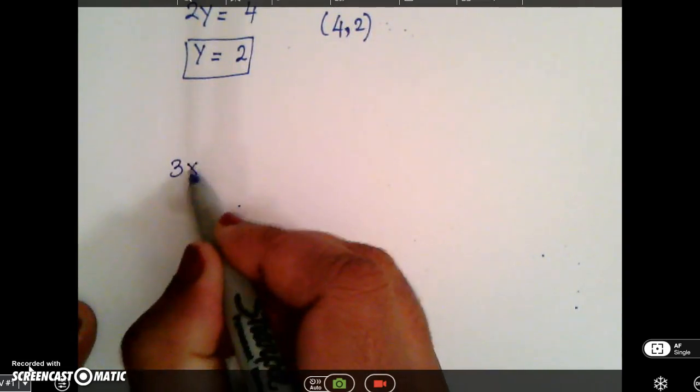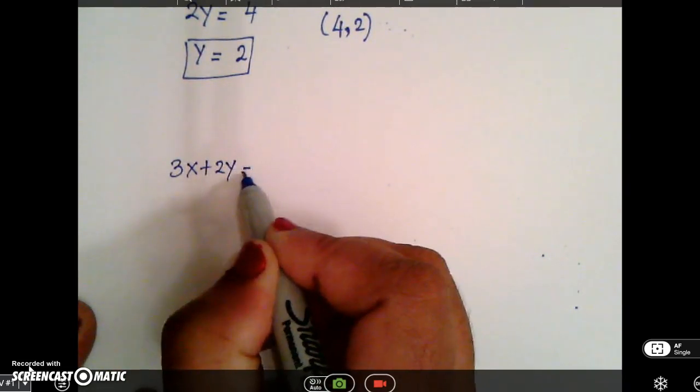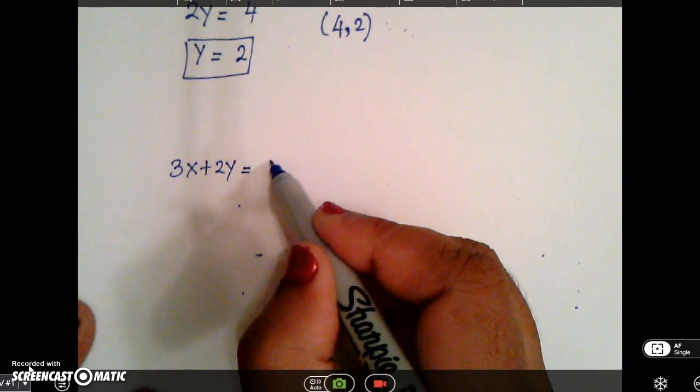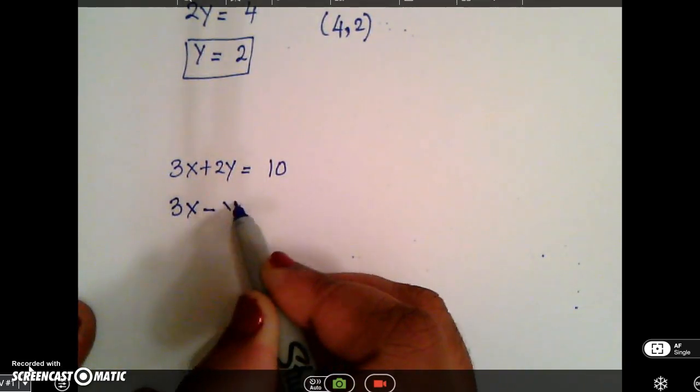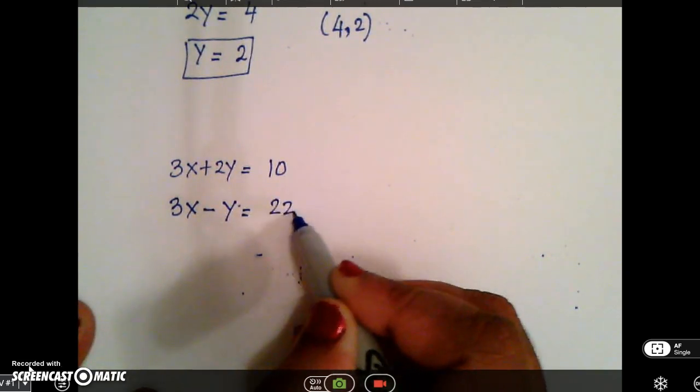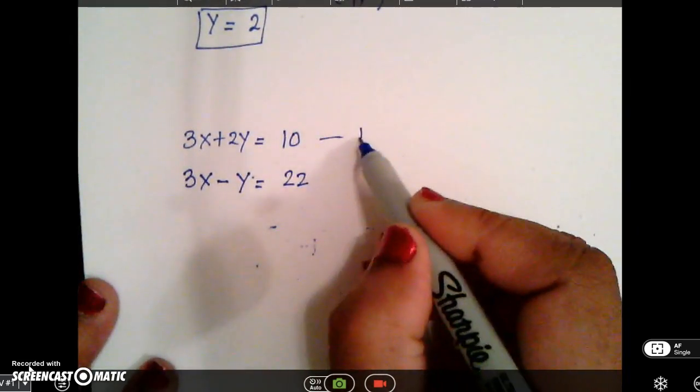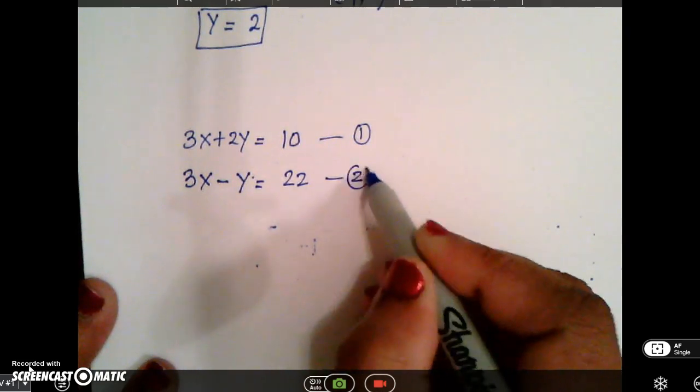So now, opposite numbers, you add them. Let's take a look at this equation. 3x plus 2y equal to 10, 3x minus y equal to 22. So I have equation number 1, equation number 2.